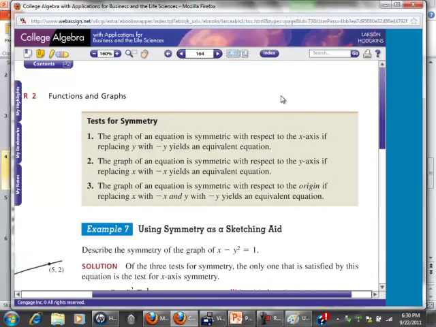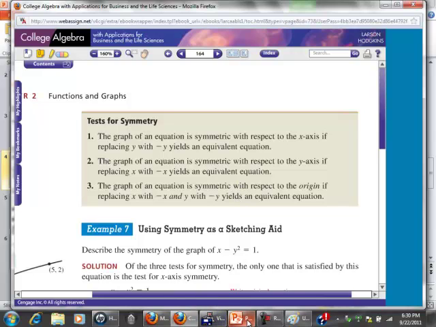Testing it is doing exactly what we said. Replace y by minus y and see if you get the same thing back out. That's x-axis symmetry. Replace x by negative x and see if you get the same thing back out. That's y-axis symmetry. And then replace x and y by negative x and negative y, respectively, and see if you get the same thing back out. That's how you're going to do your test.